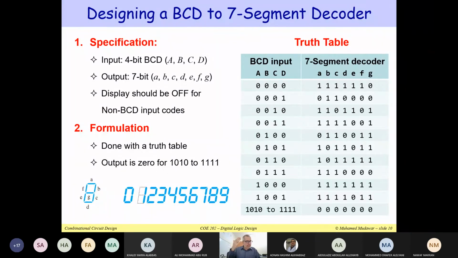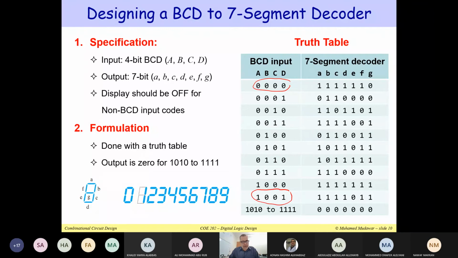So we write all the 16 combinations because we have here 4 inputs, A, B, C, D. So we have 16 entries in the truth table. We have the 10 BCD inputs from 0 to 9. So this is 0, 0, 0, 0. This is digit 0. This is 1, 0, 0, 1.